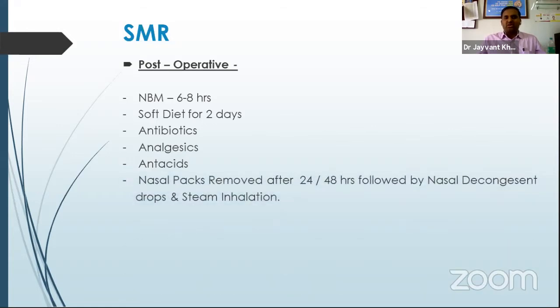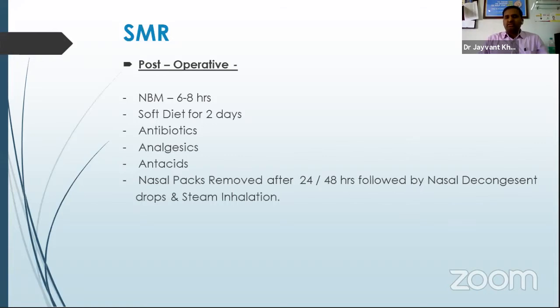Due to the operation or due to medicines or due to injections, there is hyperacidity, so you can use antacids. And last, nasal packs will be removed after 48 or 24 hours, followed by nasal decongestant drops and steam inhalation. Some crusts are seen after nasal pack removal.